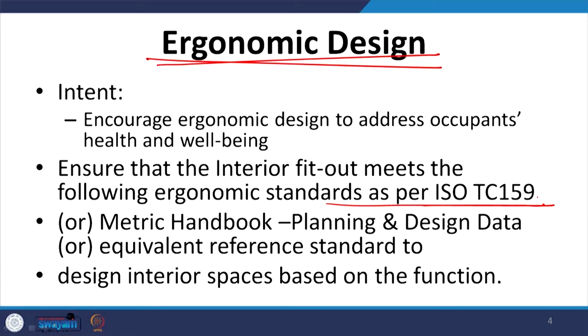So, this has to be addressed through the design of the building and the interior design through selection of ergonomically designed furniture. We have to ensure that the interior fit out, all the furniture, meets the ergonomic standards as per ISO TC 159 or any other relevant code which is applicable in the given country, in the given context.